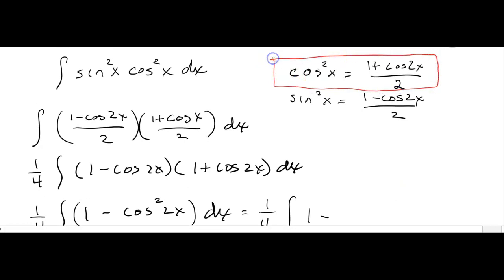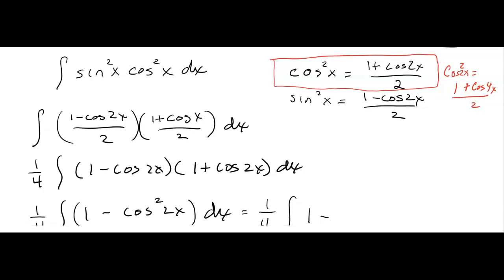But here's the thing. In place of x, so if this is 1 plus cosine 2x divided by 2, then cosine squared of 2x equals 1 plus cosine of 4x divided by 2.